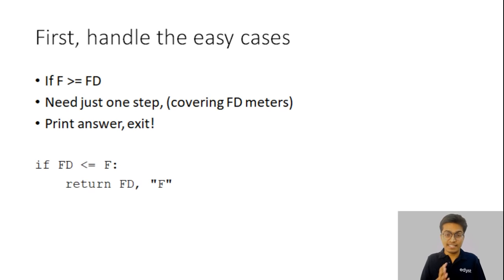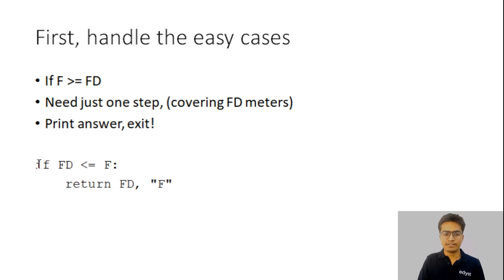If your front ditch is at a distance smaller than the size of your forward step. Suppose the front ditch could be at 5, but you take the first step by about 10 units. So F is 10, but FD is 5. In your first step itself, you're going to end up falling into a ditch. So in that case, you just need one step, so you're going to print the answer and exit.